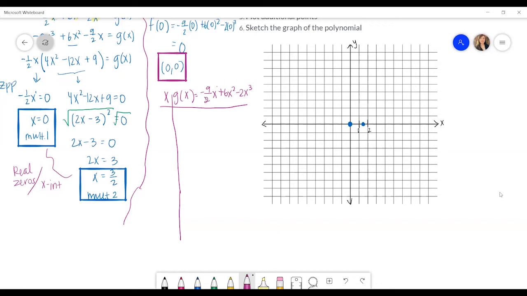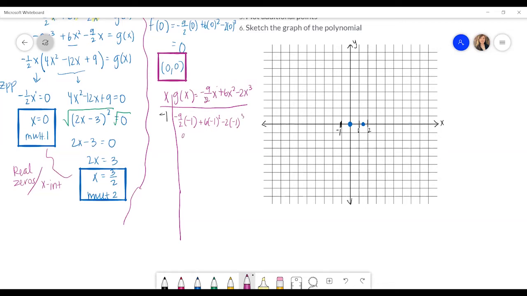So something that lives on the left of that, let's try negative 1. If we plug that into our function, we've got negative 9 over 2 times negative 1 plus 6 times negative 1 squared minus 2 times negative 1 cubed.